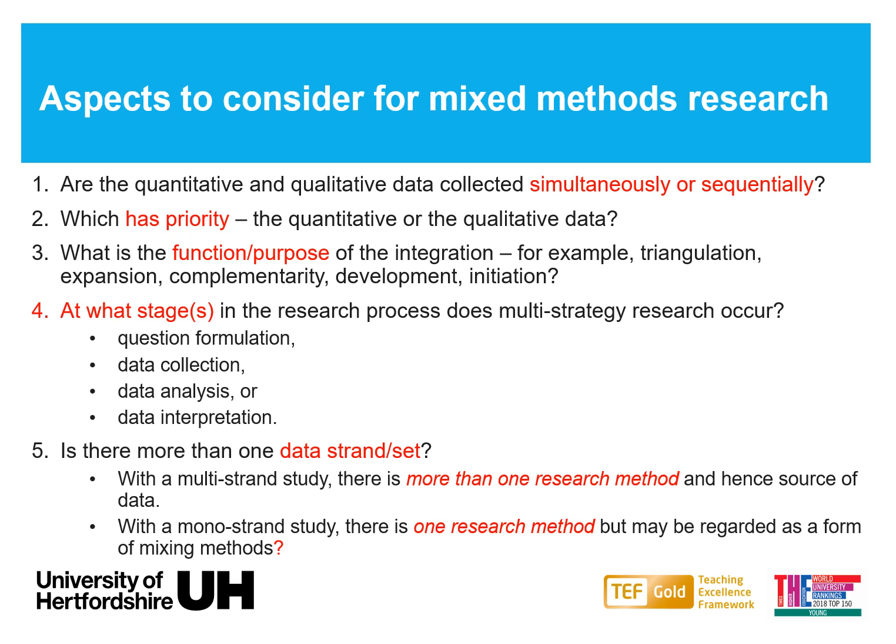And what's the function or purpose of mixed method? Is that triangulation, or complementarity, or expansion, development, or initiation, as we explained? And also at which stage you need to mix these two methods.